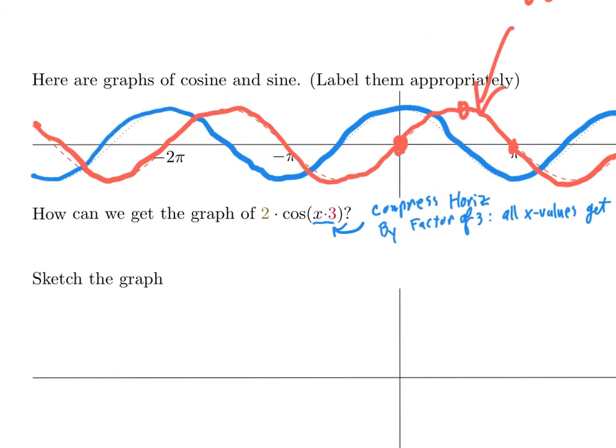So, good enough, that's not news. What happens when you multiply a function by a constant? So what will this 2 do? Well, it should stretch everything vertically by a factor of 2.